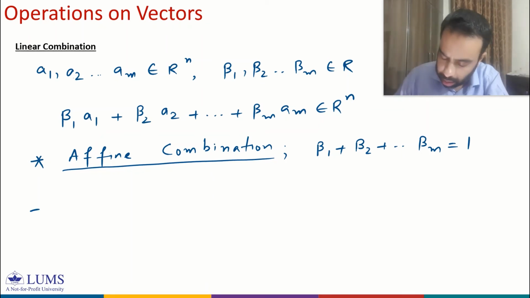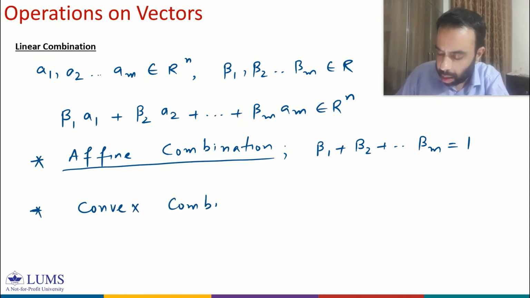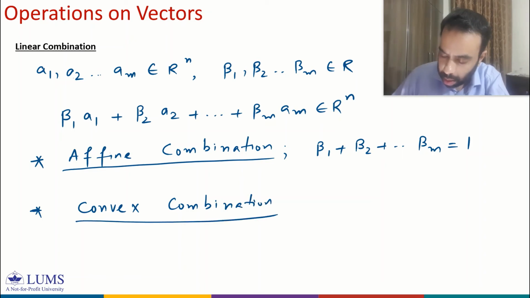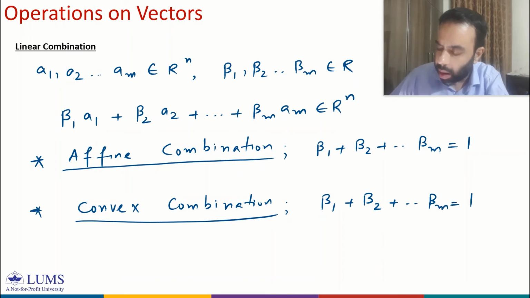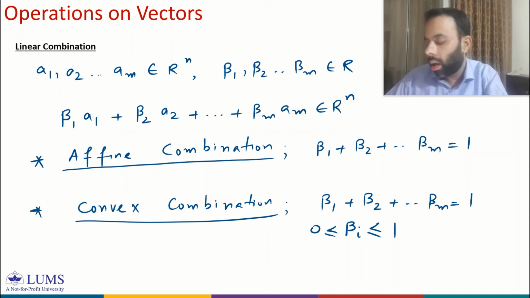And another combination we call convex combination, in which we again require the sum to be equal to 1. Furthermore, we require each of these weights to be between 0 and 1, and this should hold for each i.